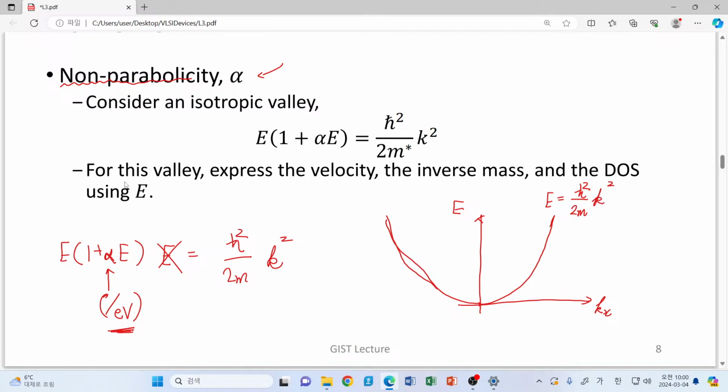However, if we introduce this non-parabolicity, then what will happen? If we go to higher energy, then actually this alpha times E becomes comparable to the number 1, and we can expect an approximate form like alpha times E squared equal to h-bar squared k squared over 2m.